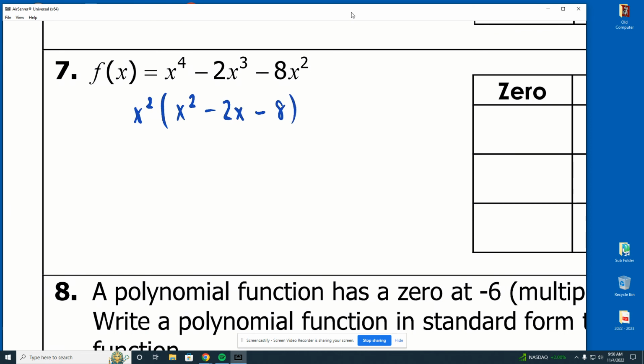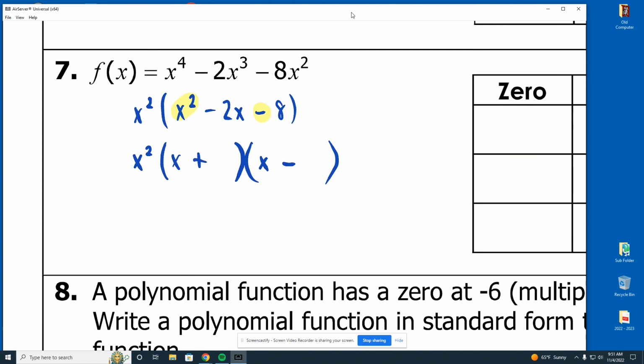Now keep x squared, but now all of a sudden I have a trinomial that we can try to factor into what? 2 binomials. Let's give that a go. What multiplies by itself to get x squared? So we got x and x. What multiplies to get a negative? A positive and a negative.